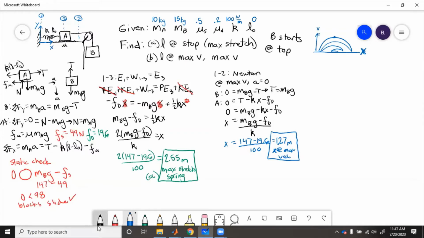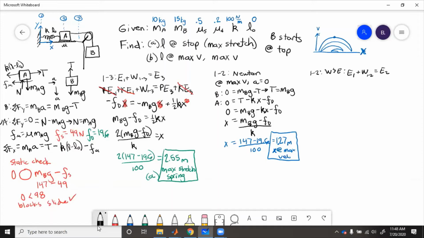And then to get that max velocity, we'll use work and energy. So energy at 1 plus work 1 to 2 equals energy at 2. Now that we know what this x is, instead of solving for x like we did in the first equation, we'll be able to solve for v.